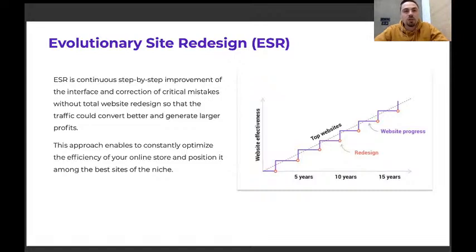ESR is evolutionary site redesign, a process where we step by step improve the interface and correct critical mistakes without a total website redesign. You can see this idea in these graphics, showing how to make your website more effective using this approach.